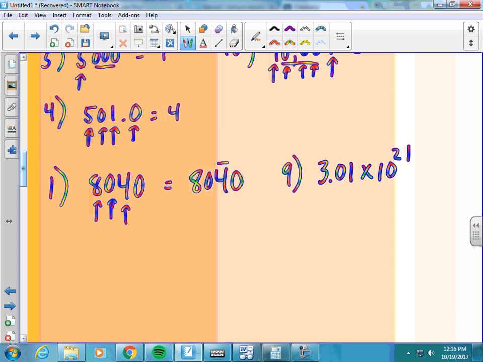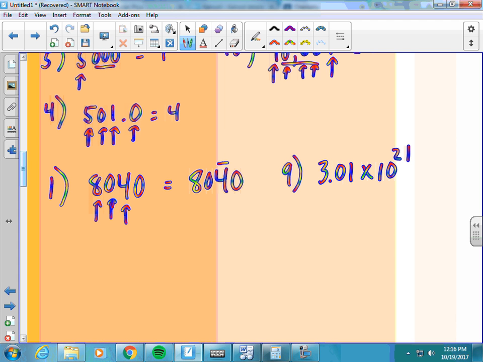We use scientific notation when we have these really long numbers where we'd have to use a bunch of zeros. So really what this number is, it's 301 followed by 19 zeros. It's a big number, okay?